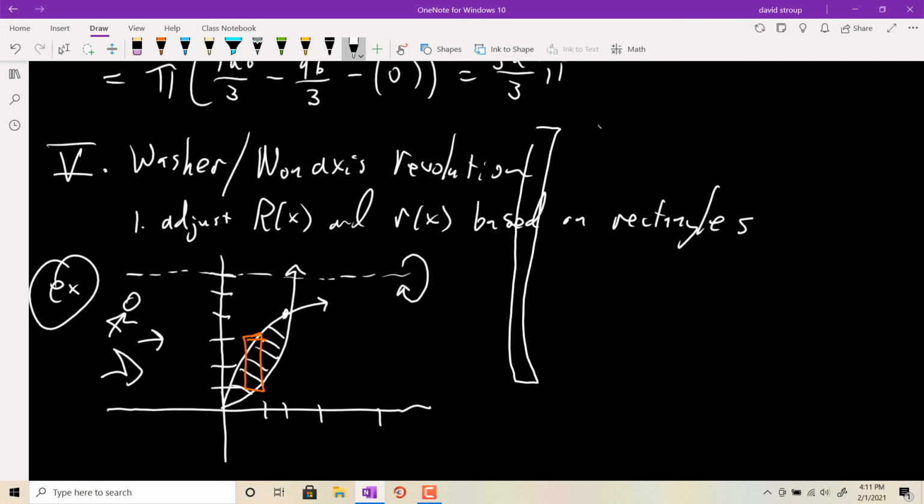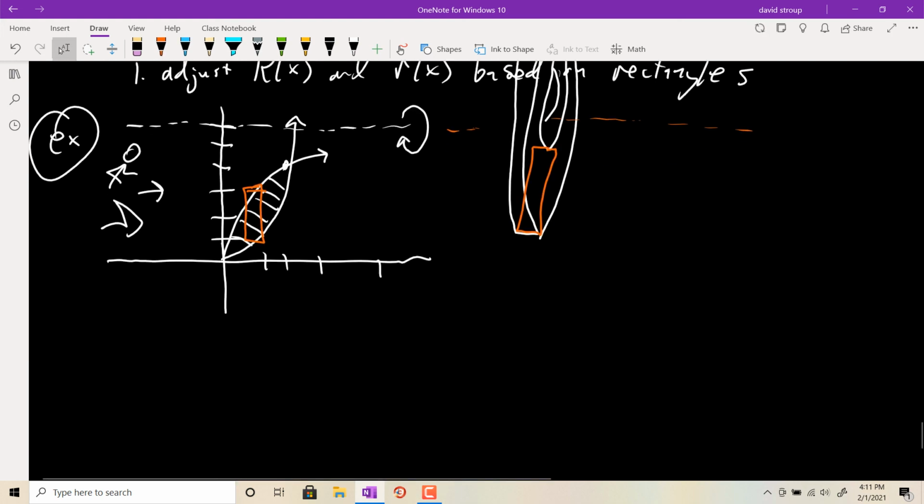So one particular washer looks something like this. So that red rectangle is sitting right in here. Oops, I accidentally put them a little too high. Okay, so the Riemann man is running through collecting this thing.